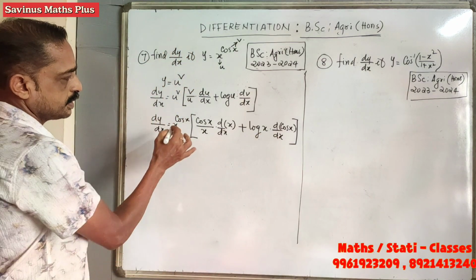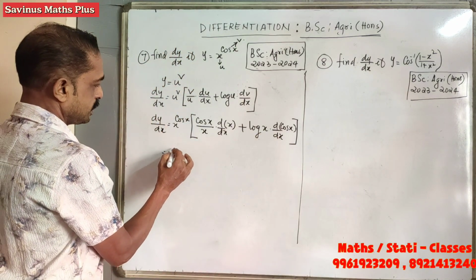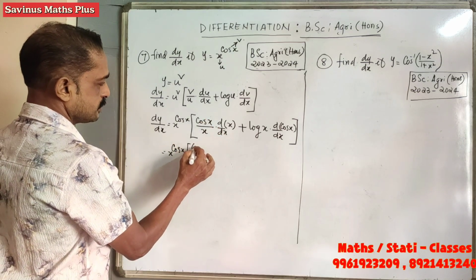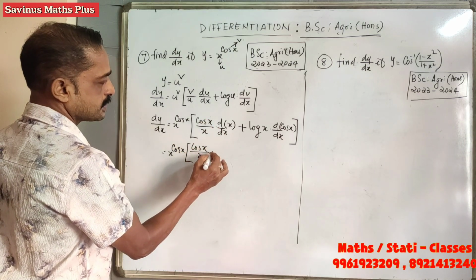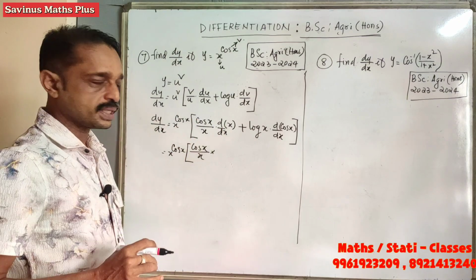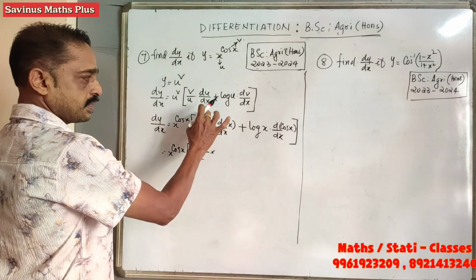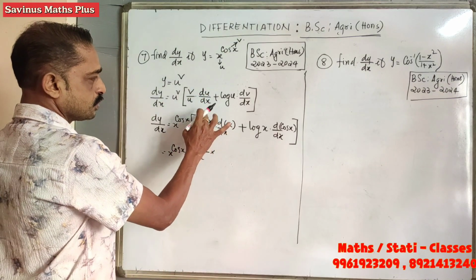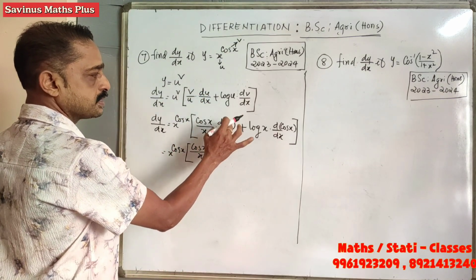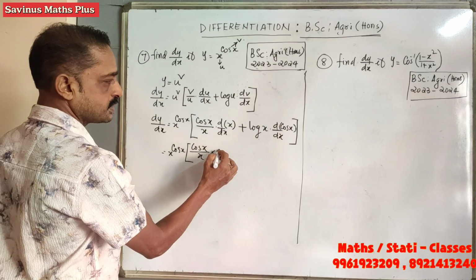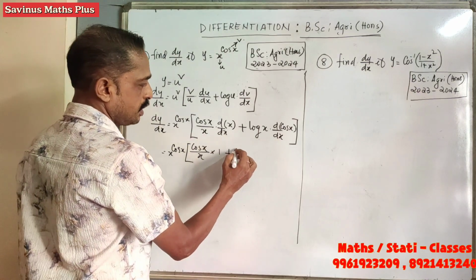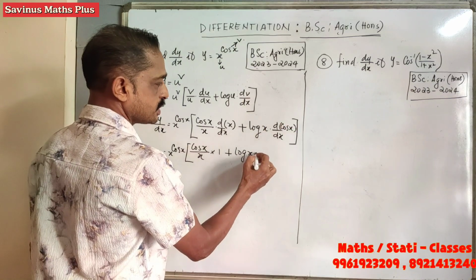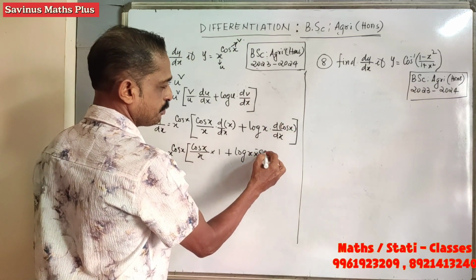Now simplifying, x raised to cos x we are writing as it is, into cos x by x. Cos x by x you should write as it is, because here you should not differentiate this function cos x by x. So v by u into cos x by x into d by dx of x, derivative of x with respect to x is 1, plus log x into what is d by dx of cos x? D by dx of cos x is minus sin x.